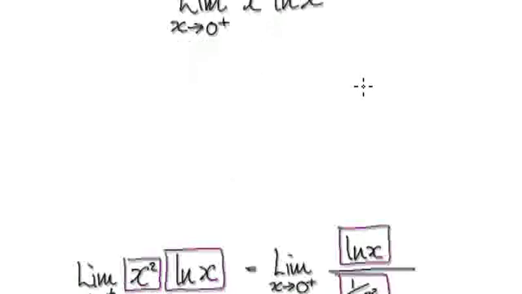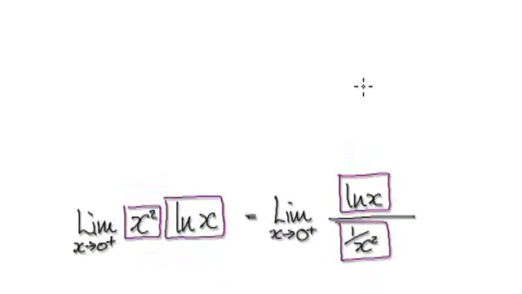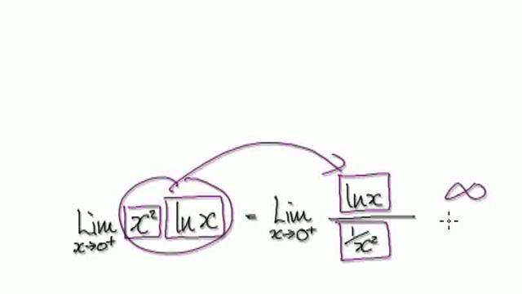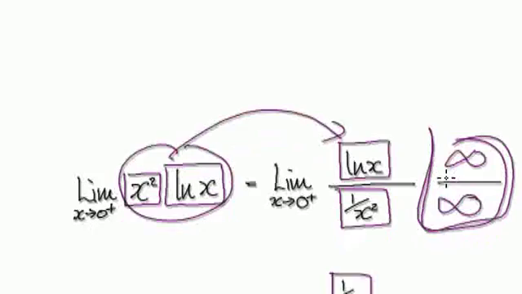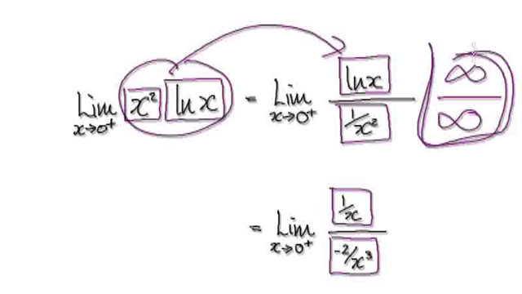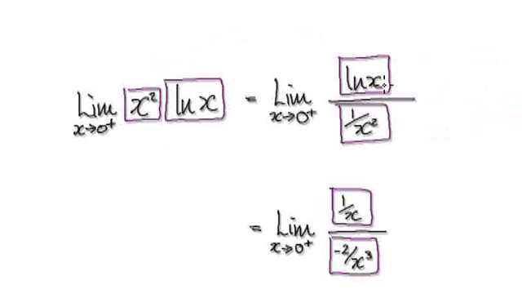So we were trying to evaluate the limit of this, turn it into this. We can consider it as infinity over infinity, even though it's that. But consider it as infinity over infinity. So now we know, because it's infinity over infinity, we can apply L'Hopital's rule. Differentiate this, that will give you this.